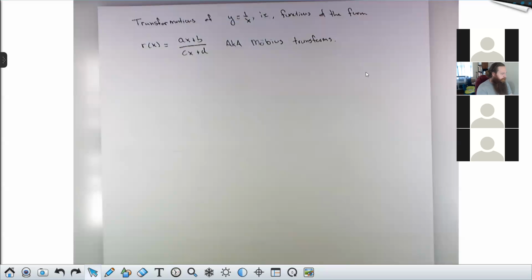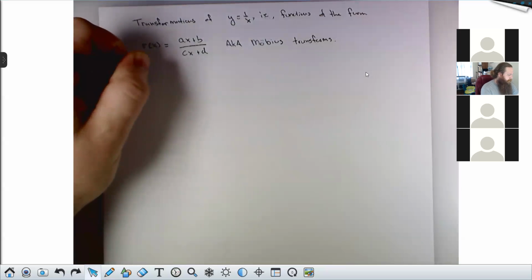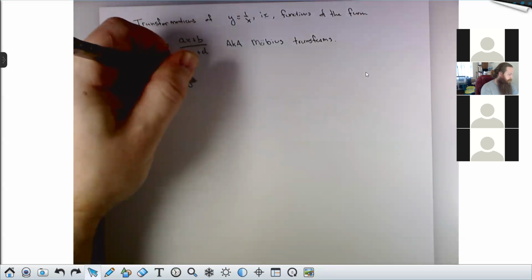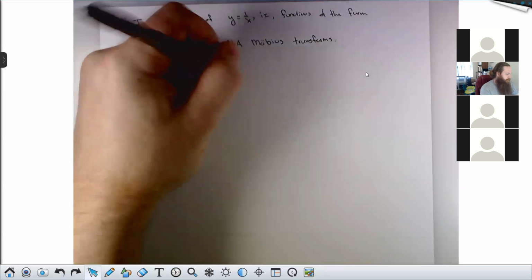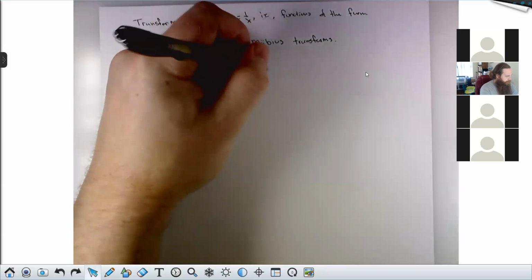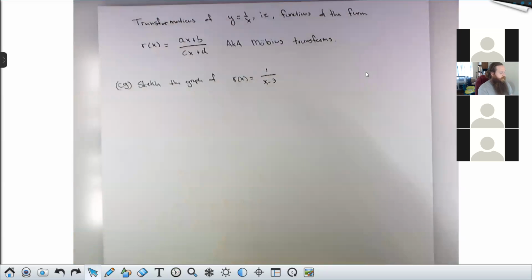So let's sketch the graph of r of x equals, start with 1 over x minus 3.